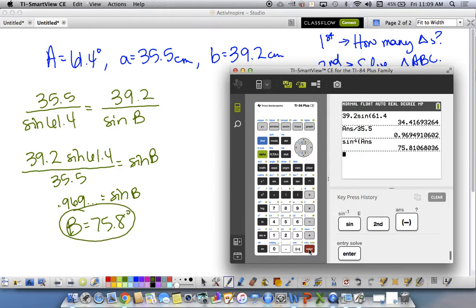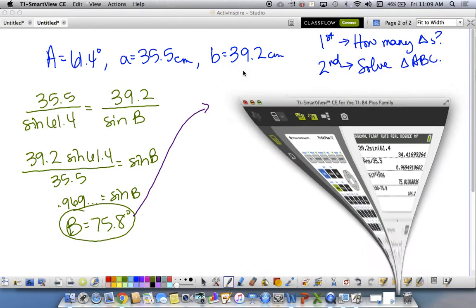We're good, right? Do we need to check? Of course we need to check, Miss Evans, to see the supplementary angle. Okay, so I'm going to plug in 180 minus 75.8, and we get 104.2.